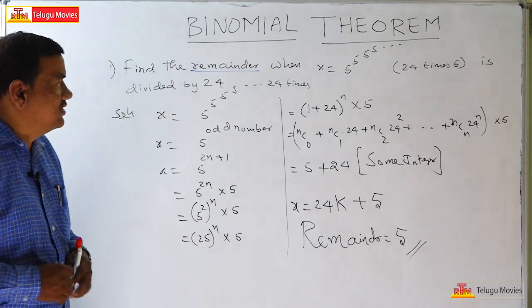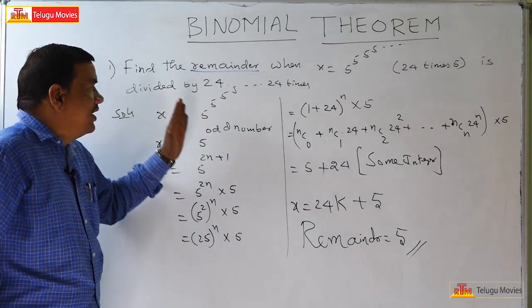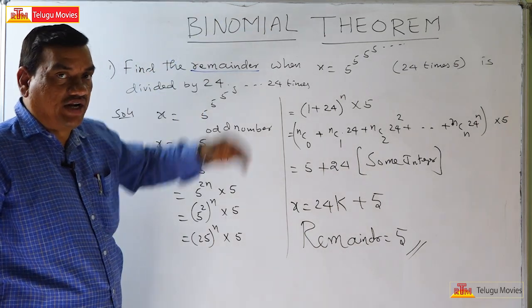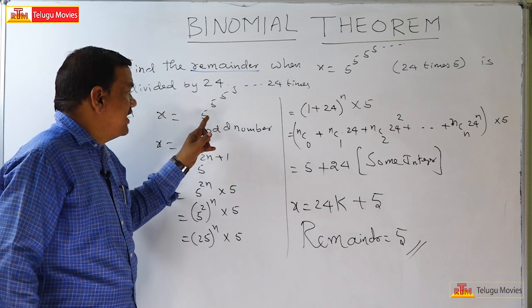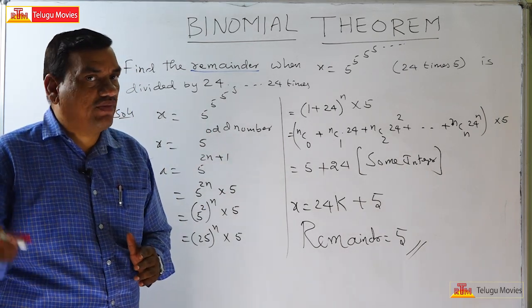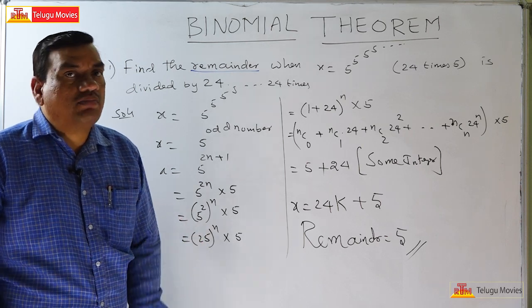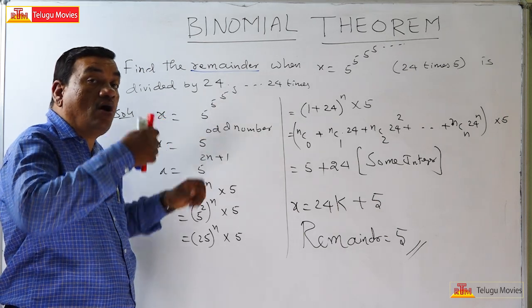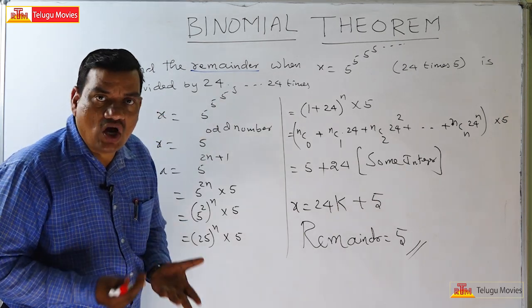Understand? So very easy. The first thing: x is 5 to the power of 5 to the power of 5, 24 times. Clearly 5 to the power of 5 is an odd number, that means 5 into 5 into 5, if you multiply, you will get an odd number. Like that, 5 to the power of 5 is an odd number, to the power of 5 is an odd number.